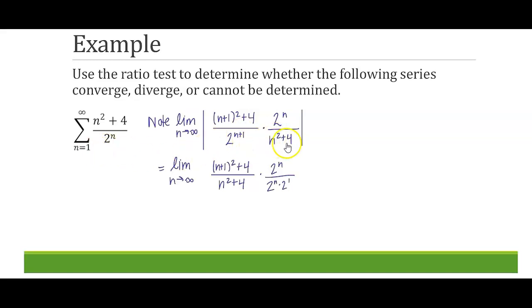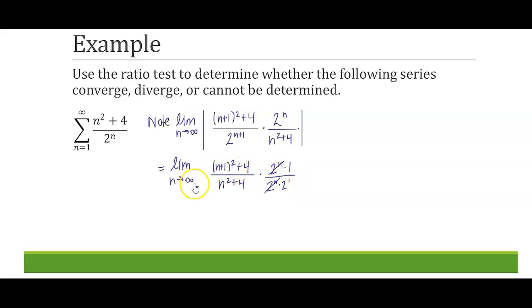So I switched the denominators here, and I also rewrote 2 to the n plus 1 as 2 to the n times 2 to the 1. Now, the 2 to the n's cancel, and I really just have a 1 up there. So over here I just have 1/2 left over.